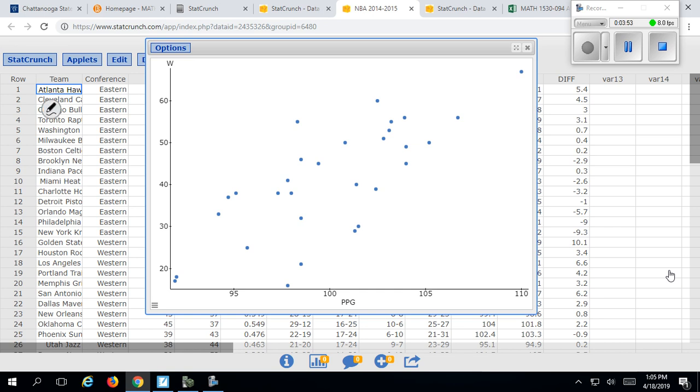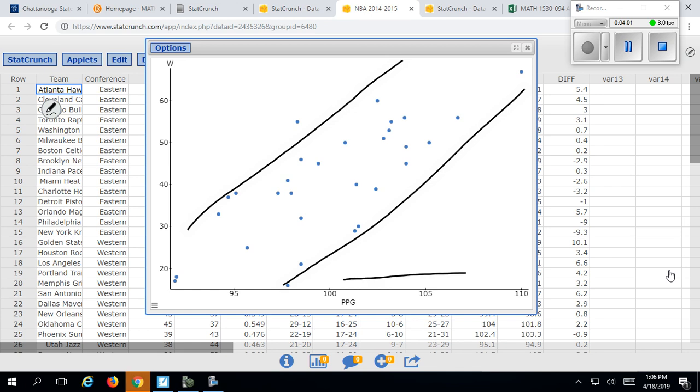If I were to look at this, I would say, here's the trend: the higher the points per game, the higher the number of wins. We have this general trend. It's not perfect, but we have this kind of upward movement. That tells us that these things are related the way we think they are.